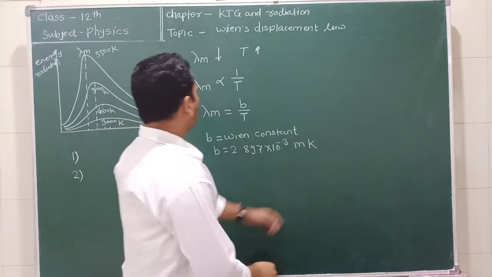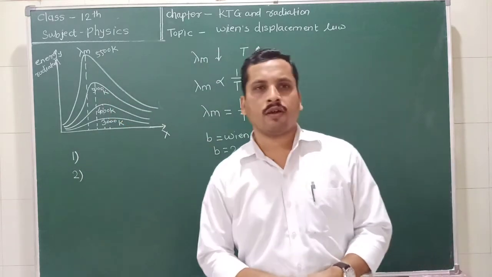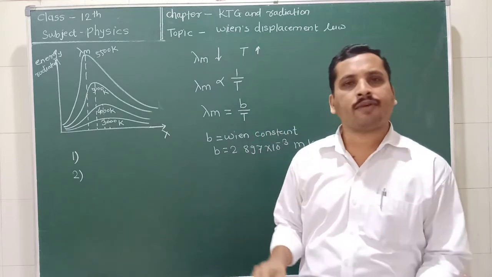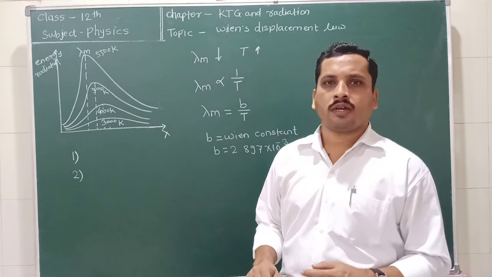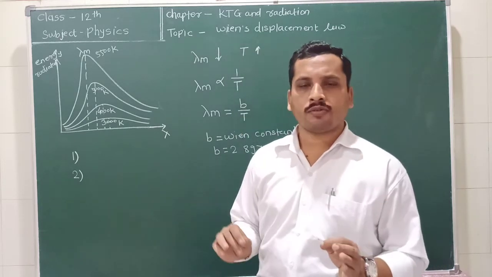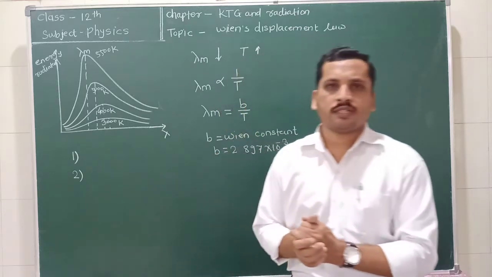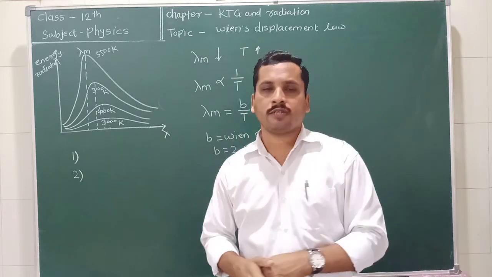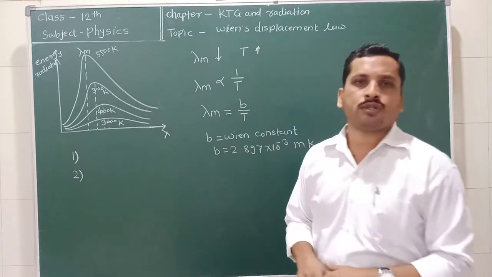Now, what is the application of Wien's displacement law? Using this law, we can determine the temperature of distant stars, for example the sun, white dwarfs, or red giants, in astronomy. So we can say that by using Wien's displacement law, we can determine the temperature of the sun also.